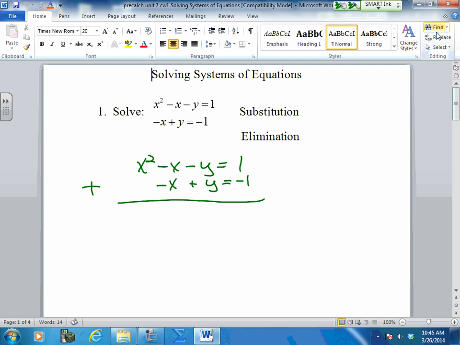There's your adding them to eliminate. Oh, this is elimination? This is elimination. If I add these two lines together, won't I eliminate the y's? Yep. So I'll get x squared, add these down, minus 2x equals 0. Aren't I to the same place as before?